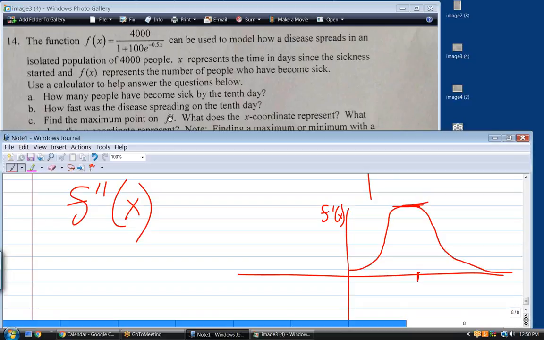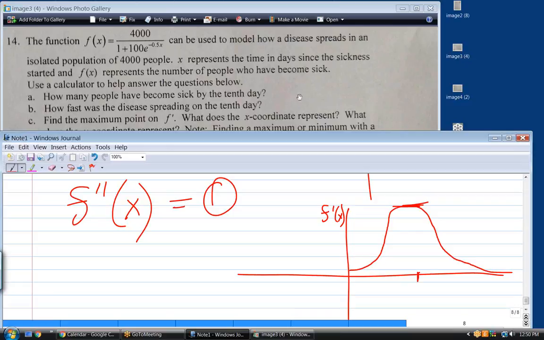They want the maximum of f prime, so I have to take the derivative of f prime, set that equal to 0, and solve for the x-coordinate. Again, that's something you can do on your calculator or on Wolfram Alpha. I don't think it's important that we do it as much as you understand what we're doing.